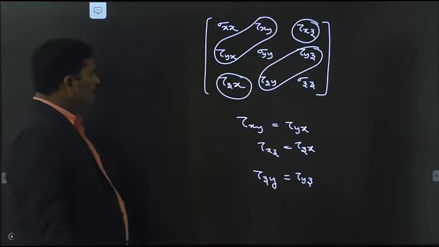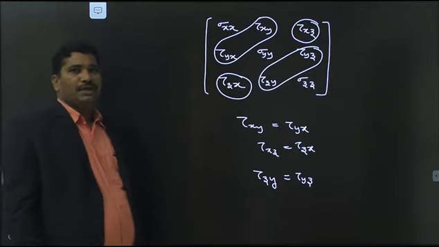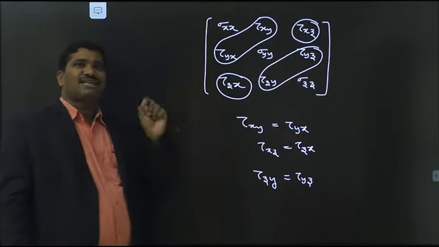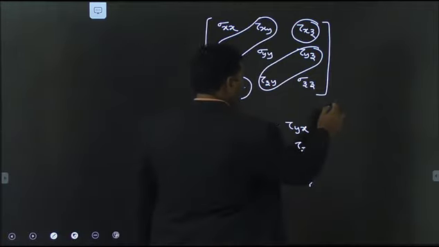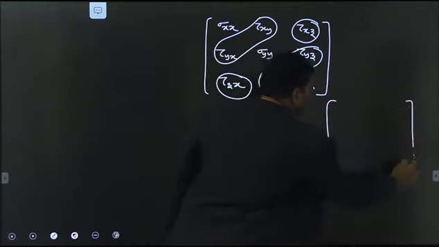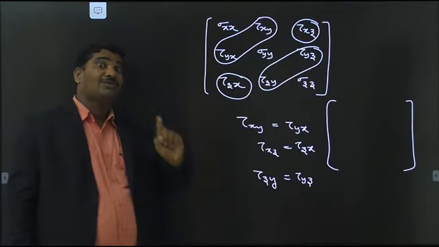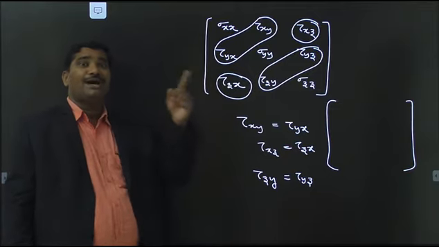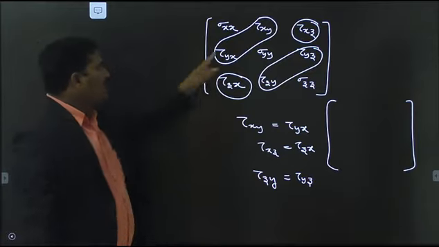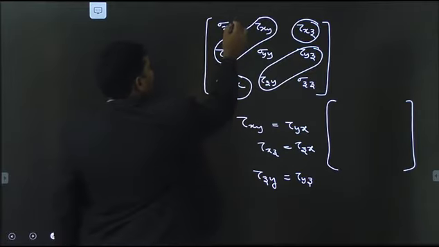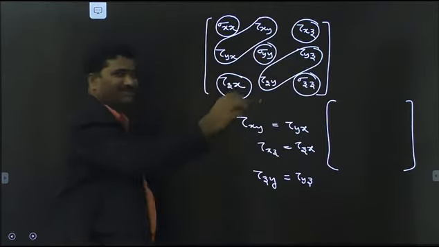Now, if you want to represent a matrix consisting of sigma 1, sigma 2 and sigma 3, how do you write it? You know that sigma 1, sigma 2 and sigma 3 are only normal stresses. They are the principal stresses. In this matrix, where are the normal stresses? Sigma xx, sigma yy and sigma zz.